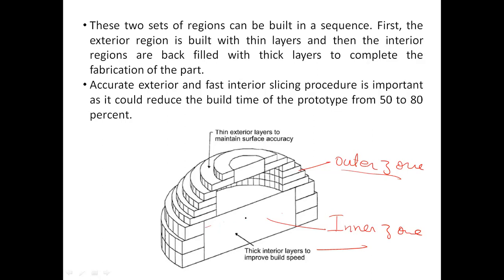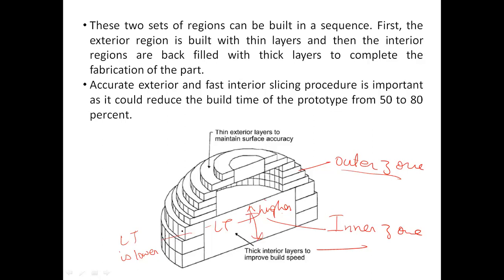So the layer thickness of the inner zone can be higher as compared to the outer zone. So layer thickness is lower there. So he divided the whole section into two parts, inner and outer, and inner zone can have higher layer thickness and outer zone can have lesser layer thickness.